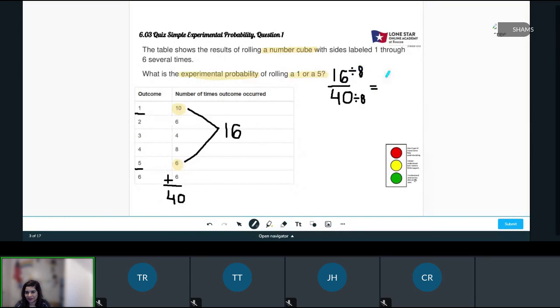So 16 divided by 8 gives you 2. 40 divided by 8 gives you 5. So you can say that the experimental probability of rolling a 1 or a 5 is 2/5. Are there any questions?